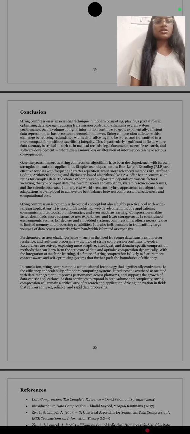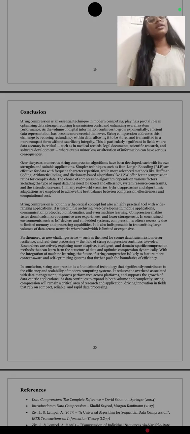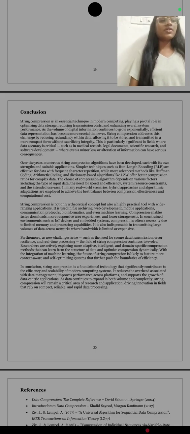String compression addresses the challenge by reducing redundancy within data, allowing it to be stored and transmitted in a more compact form without sacrificing integrity. This is particularly significant in fields where data accuracy is critical, such as medical records, legal documents, scientific research, and software development, where even a minor loss or alteration of information can have serious consequences.